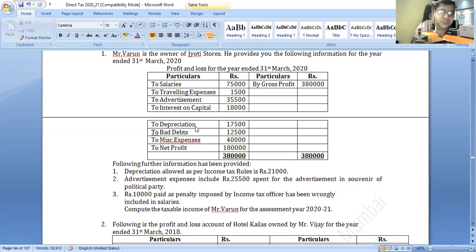Now depreciation they have provided 17,500. Generally depreciation is always a business expense, but what they have provided in our further information, depreciation allowed as per income tax rules is rupees 21,000. It means they say that the debit side depreciation is totally wrong.